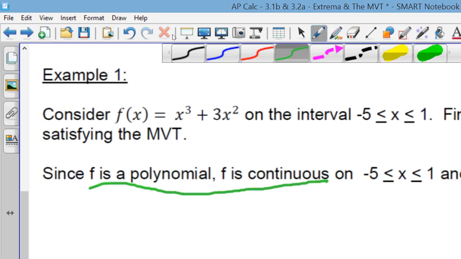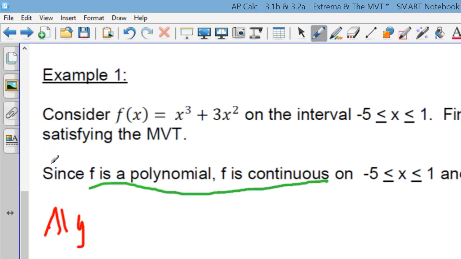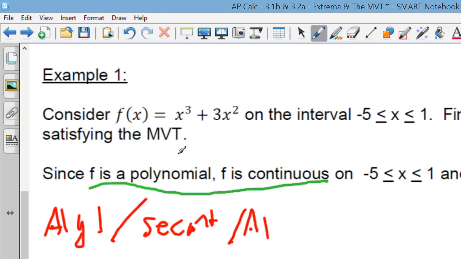In other words, I need to do 2 things. I need to do algebra 1, so I'm going to do algebra 1 over here. Let's use some different words for algebra 1. It's also called the secant line, and it's also called the average rate of change. That needs to be done over there.